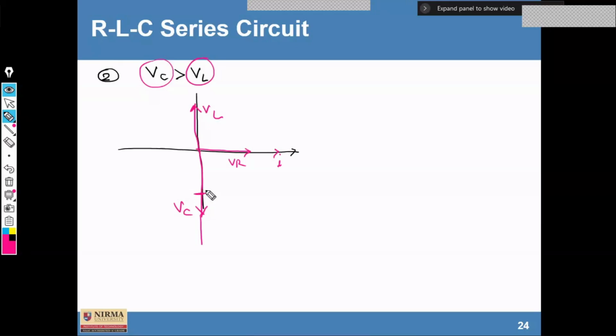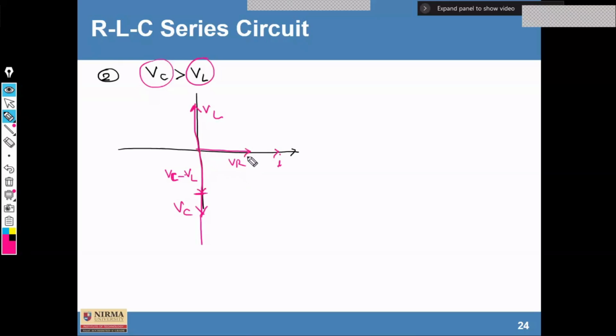This difference is VC minus VL in the negative direction, because if VC is more, the circuit is going to behave as a capacitive circuit. The power factor obtained will be written with leading condition, because here whatever the resultant we find, the current is going to lead.